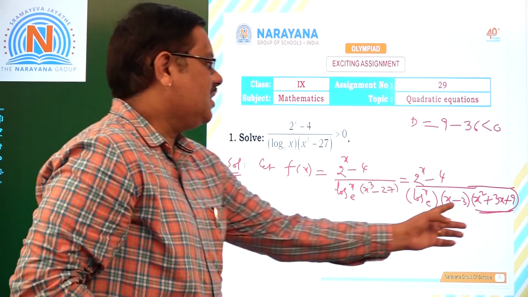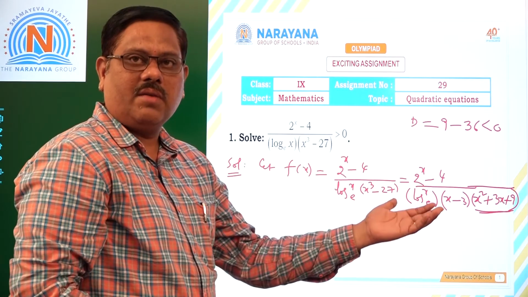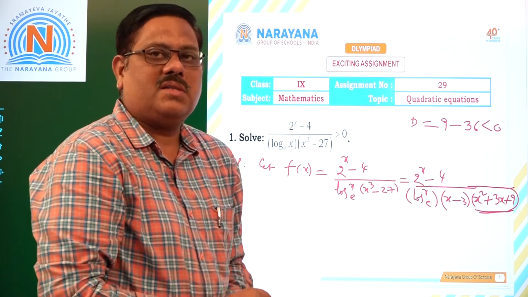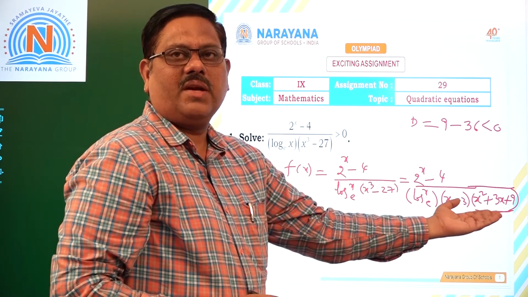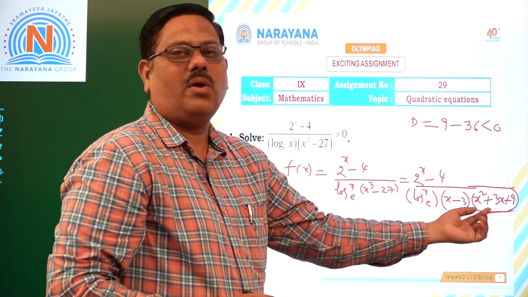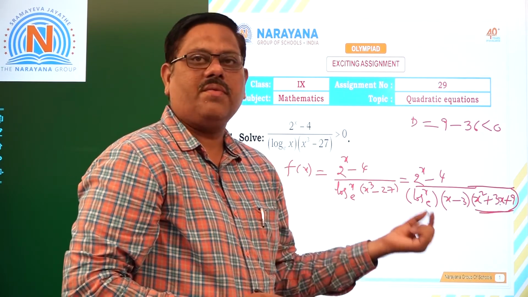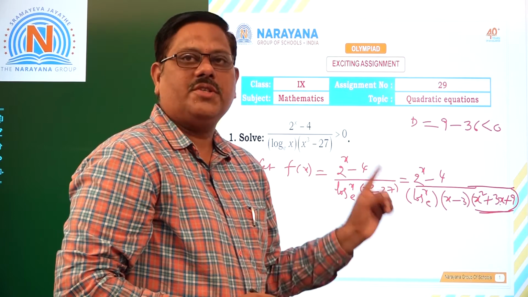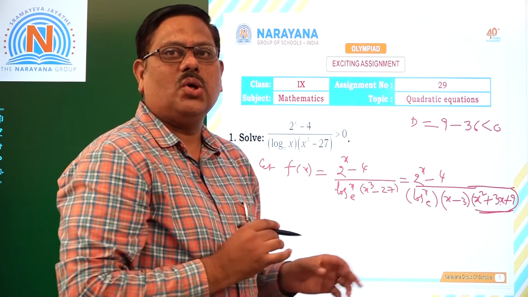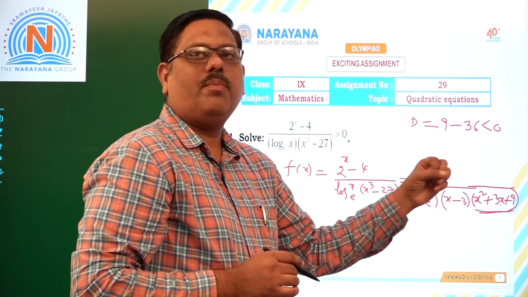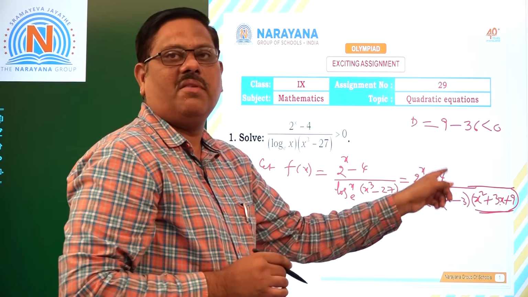It means if you make this expression equal to 0, it is going to have imaginary roots. So we can consider it is always positive because the x square coefficient is 1 and its discriminant is negative. So as it is always positive, it is not going to affect my f of x anyway.